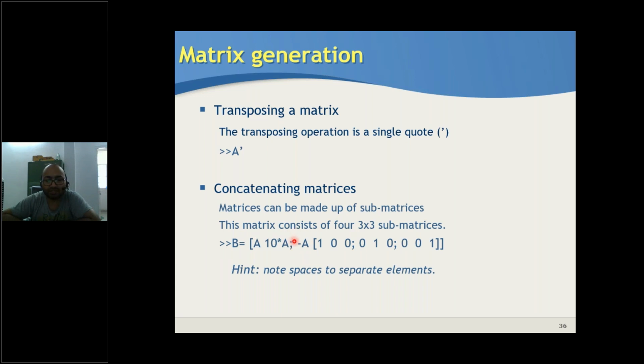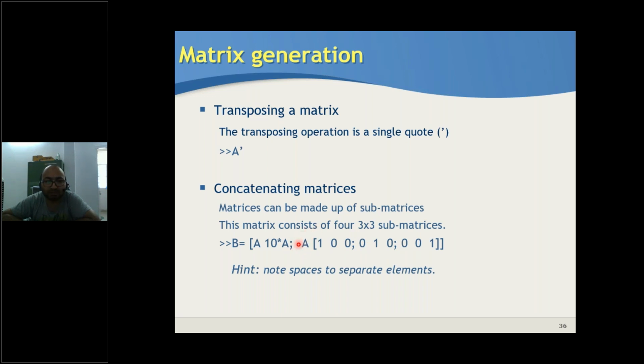When you change the row, then you will get this particular instruction. In this instruction, minus A is representing the A matrix multiplied with a minus sign.